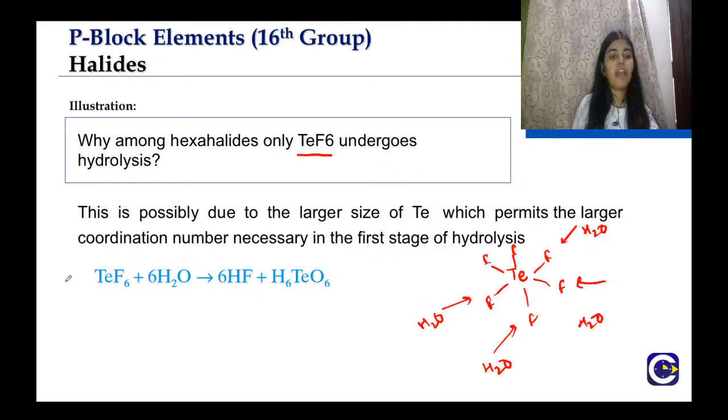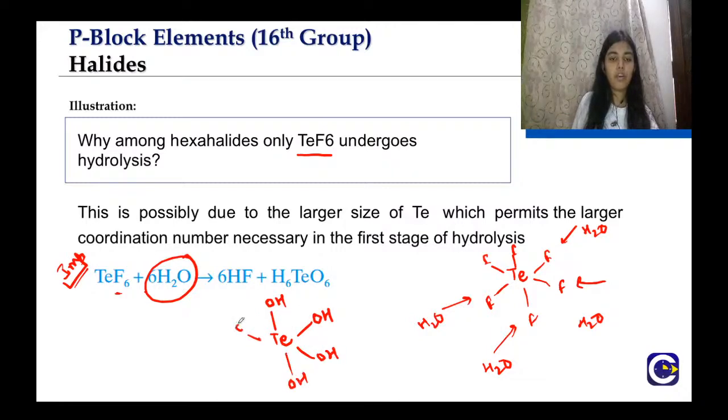And the product of hydrolysis, you also have to remember, TeF6 plus water will give you HF and H6TeO6, or you can write it as Te with OH, OH, OH, OH, OH and OH.